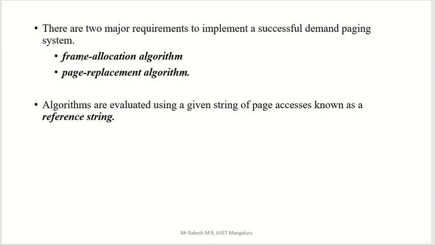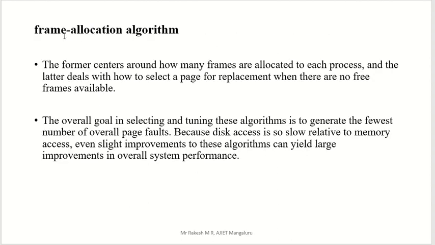Here we have two algorithms, frame allocation and page replacement. The former centers around how many frames are allocated to each process, and the latter deals with how to select a page for replacement when there are no free frames available. If there are no free frames available in main memory, then how do we allocate frames for that particular process?